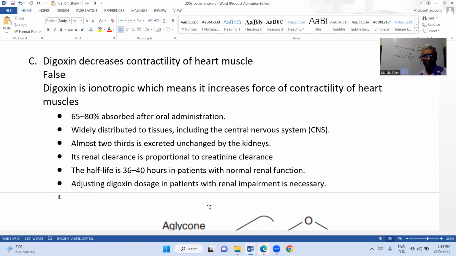During the night time, digoxin reduces the blood pressure. See, the half-life is 36 to 40 hours, very long. So when you give the drug to the patient it will stay in the body for a very long time. Therefore, frequent checking of the blood digoxin level is very important.